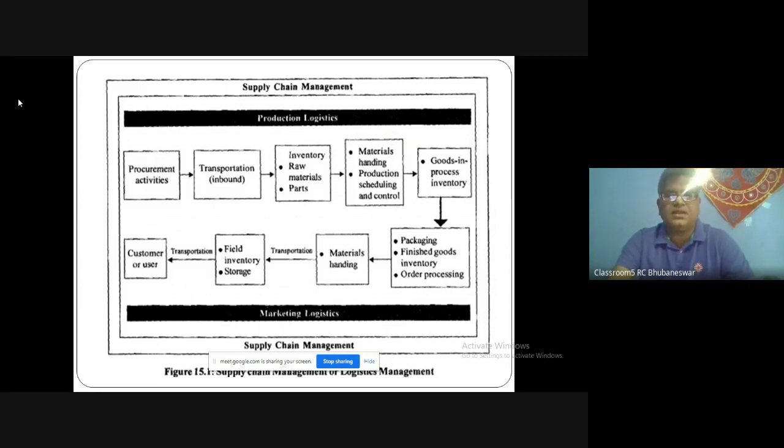And inventory, raw material parts are there, scheduling and controlling system is there, process is there, packaging the finished product is there, material handling facility is there, then storage is there, then transfer to the customer. The first and the third part, up to transportation, these are called inbound, and after storage to the customer, that is called outbound strategy.